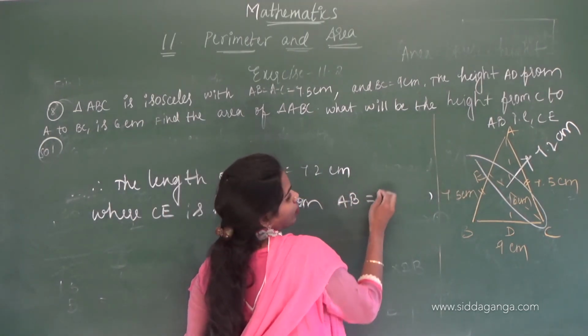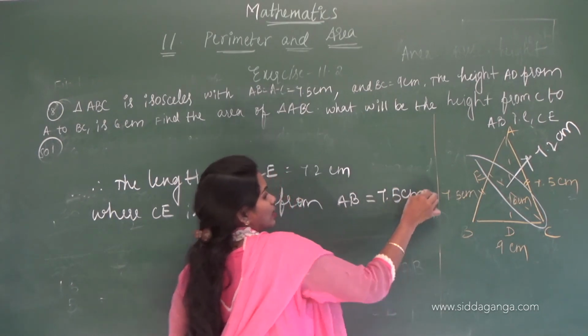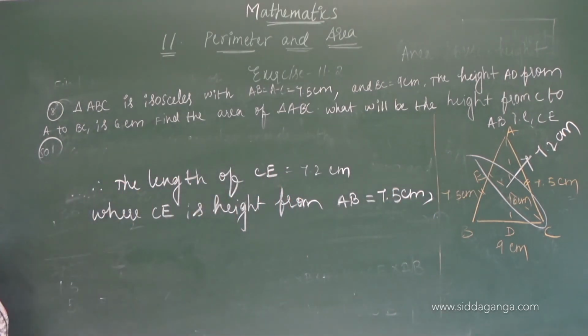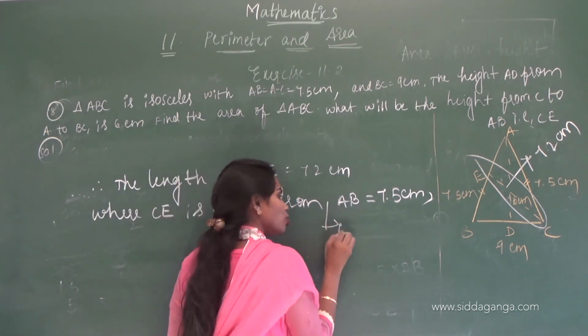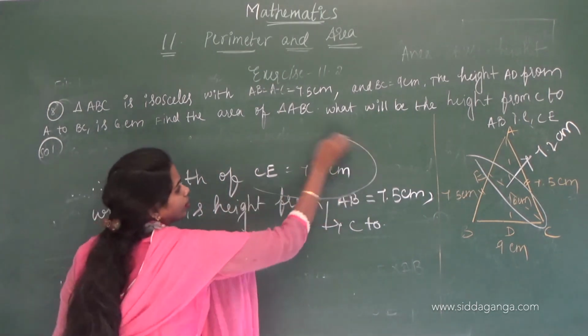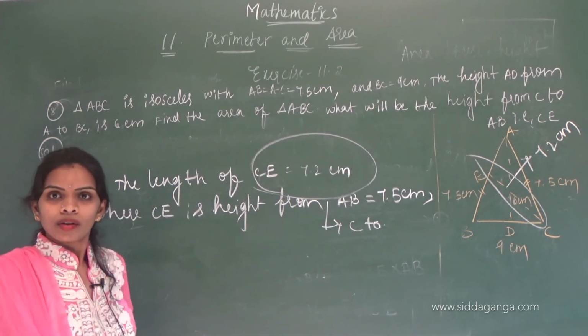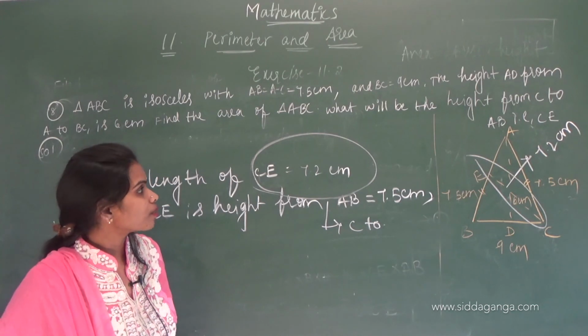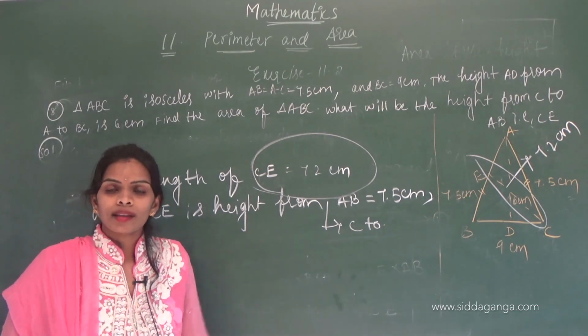AB, that is equals to 7.5 centimeters, from C. Okay children, I think you are all understanding the problem. Okay, thank you children.